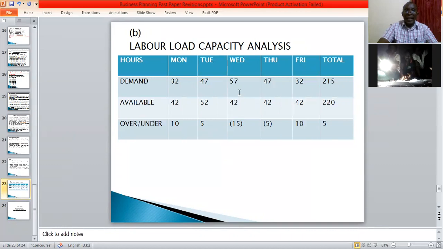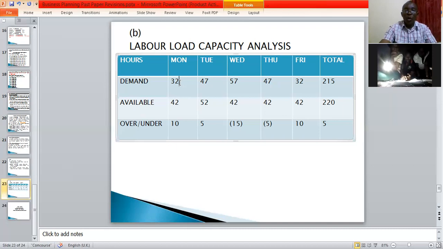If you take 10 from Wednesday's demand and push it to Monday, Monday you are going to have 42, then on Wednesday you remain with 47.